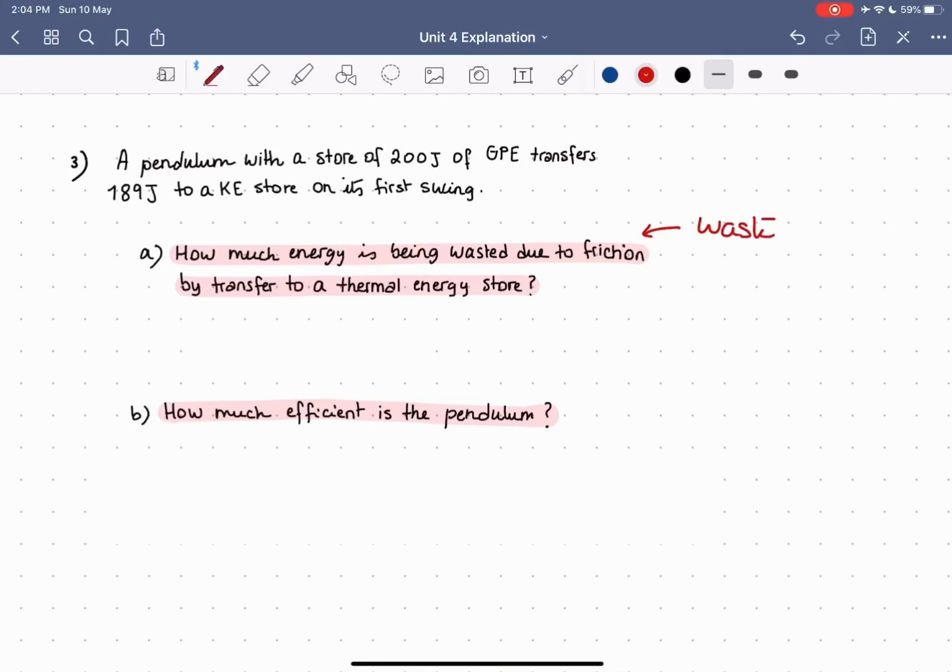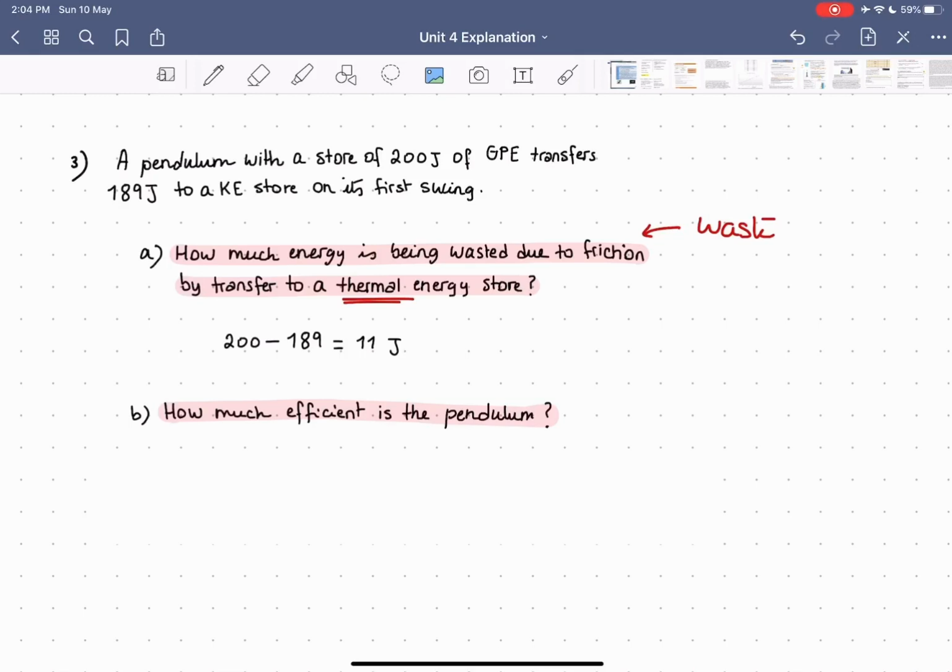So the thermal energy is considered as waste, because the pendulum is not designed for that reason actually. Anyway, so the waste energy in my case would be 11 joules. You just subtract 189 from 200.